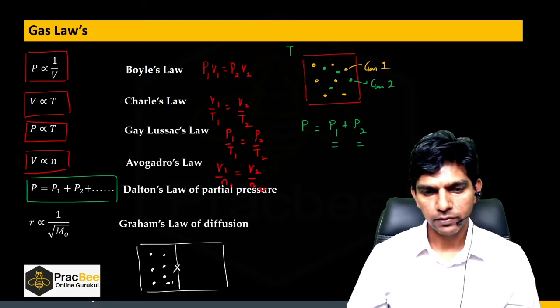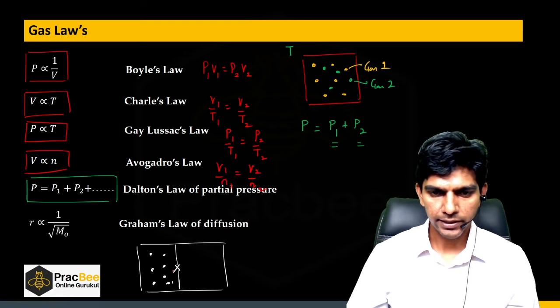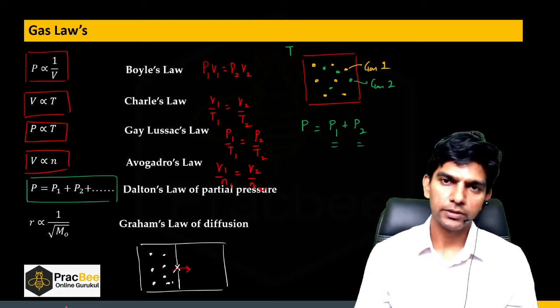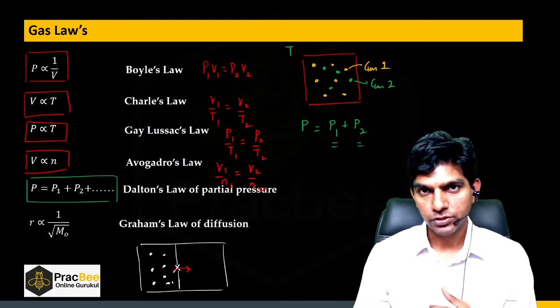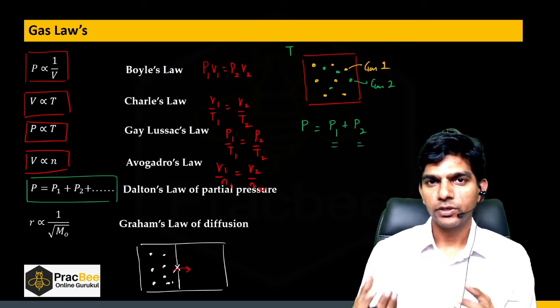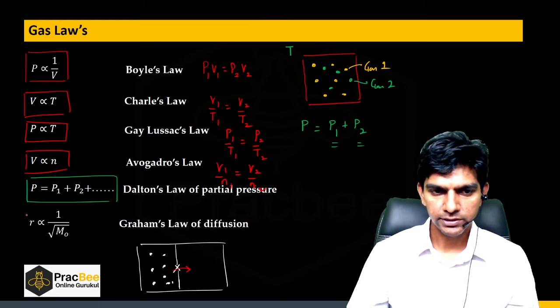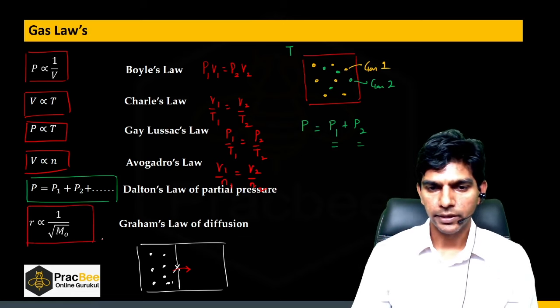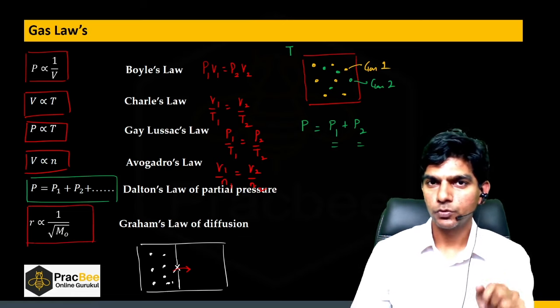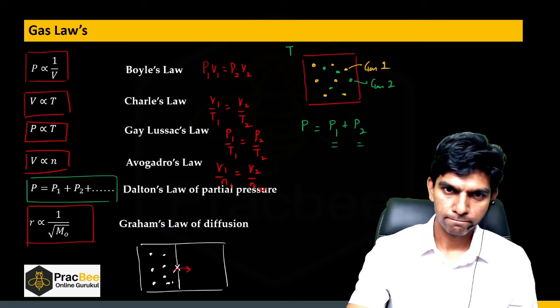If I open this valve, the gas will try to move to this compartment. So gas with lighter molecules will diffuse faster in comparison to the gas with heavier molecules. This is Graham's law of diffusion. Just remember this: rate of diffusion is inversely proportional to the square root of the molar mass.